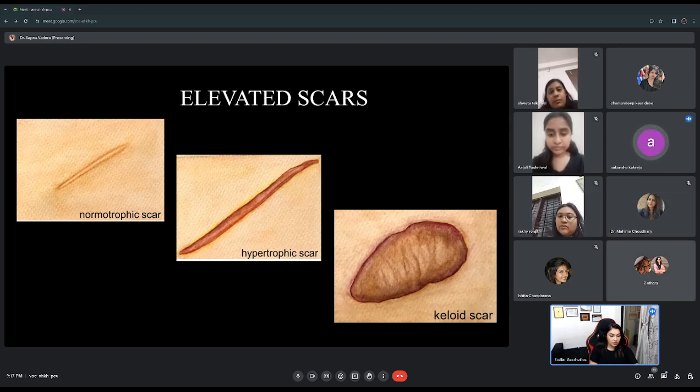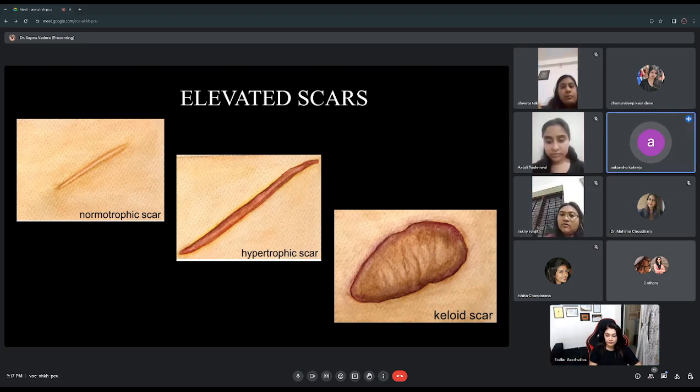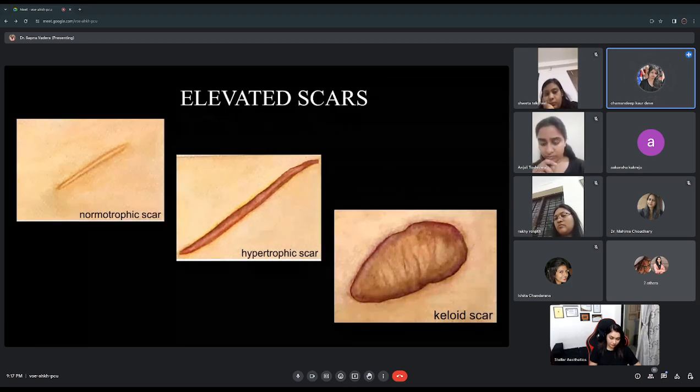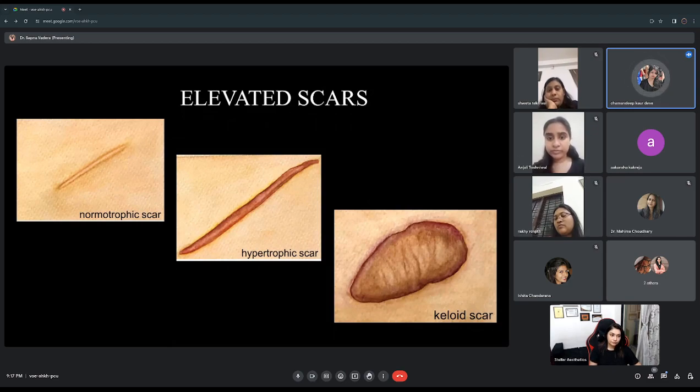Dr. Akanksha? Hypertrophic scar. Yes. Ma'am, the hypertrophic scar is present at the site of injury and it generally regresses, whereas a keloid may extend beyond the site of injury and it usually does not regress. Any other difference? In keloid scars, people have a tendency to get it again and again.